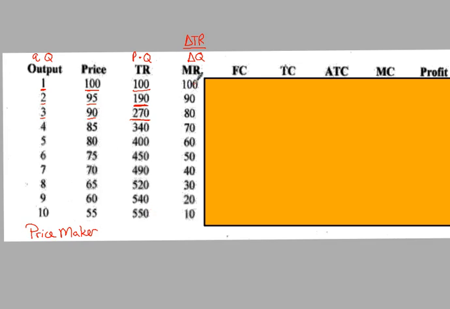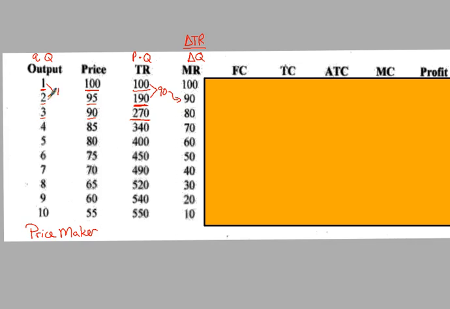The marginal revenue is the change in the total revenue divided by the change in the quantity. So when output went from 1 to 2, that was a change of 1, and the total revenue went from 100 to 190. That was a change of 90. That is the marginal revenue for the second unit.